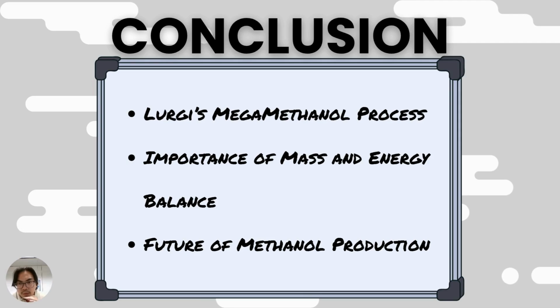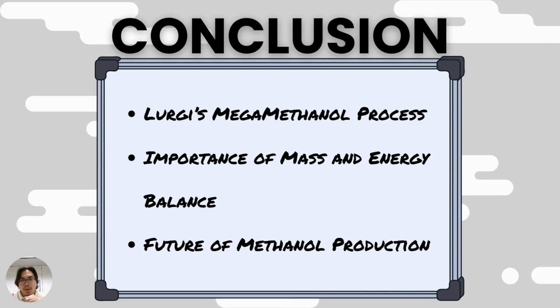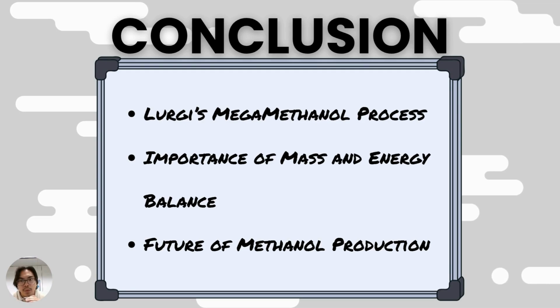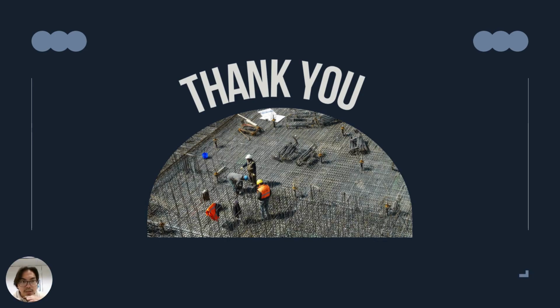Looking ahead, with rising global demand, the future of methanol synthesis will undoubtedly be shaped by ongoing advancements in catalyst development, process intensification, and the integration of renewable energy sources, driving us towards a more sustainable chemical industry. That is it for us from Group 2B. Thank you.